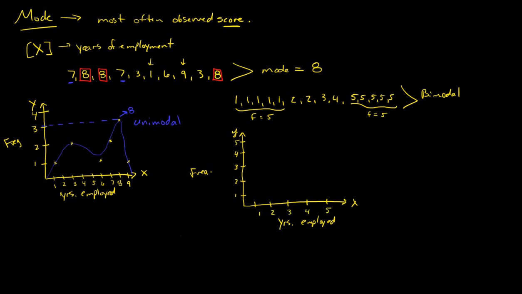So for just being here for 1 year, we had a frequency of 5. There's our dot. A frequency of 2 for 2 years. A frequency of 1 for 3 years, 1 for 4 years, and a frequency again of 5 for 5 years.